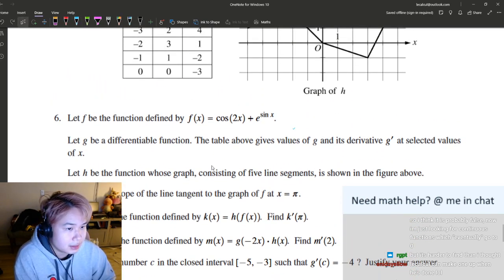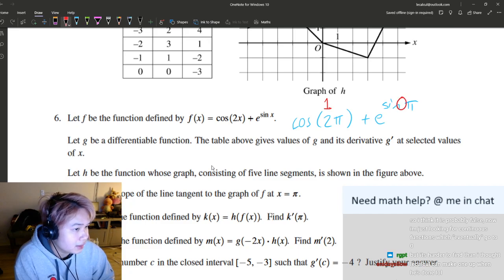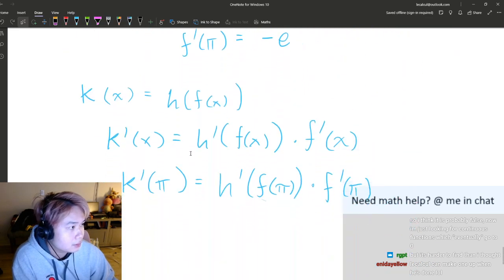So let's see: cosine 2 pi plus e to the sine pi. Well, this is 1, I'm pretty sure, and then this is 0. So then this whole thing is 1. So 1 plus 1 is 2.